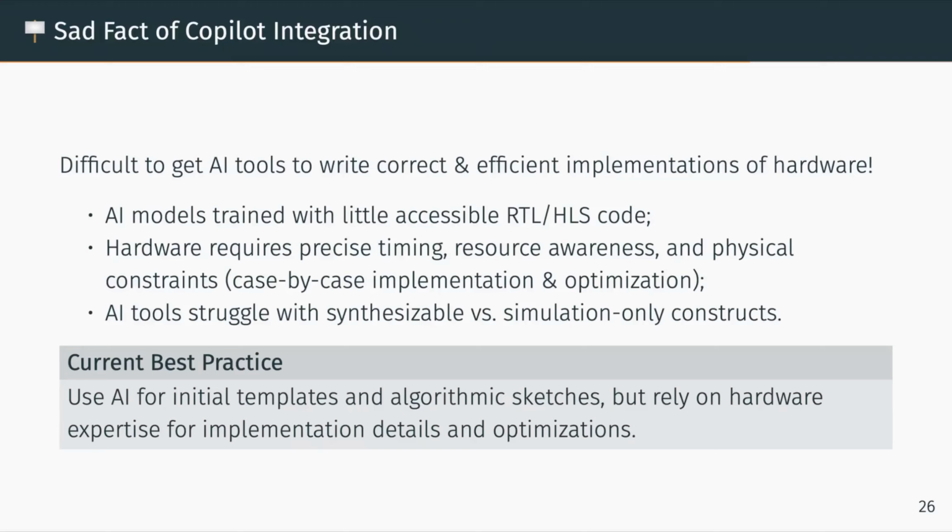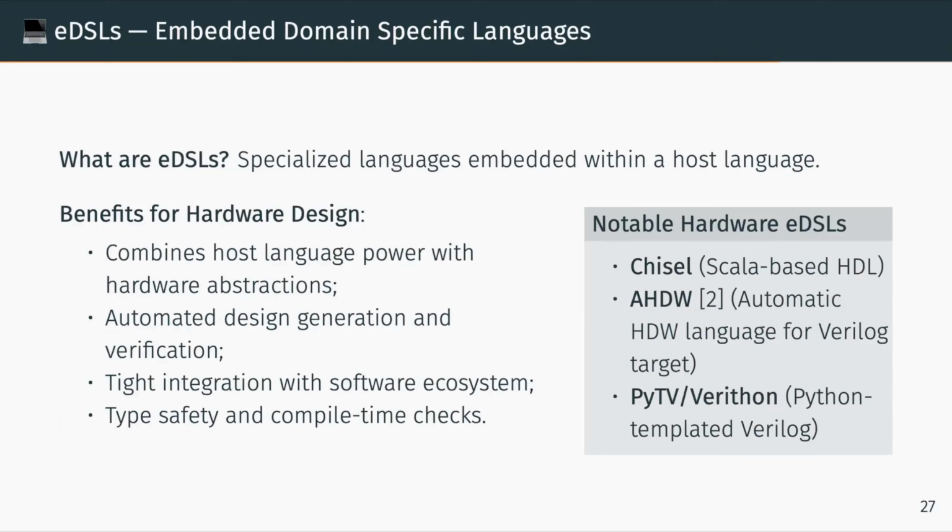They just do prompt engineering to try to make the AI tools write better hardware code. But there may be more systematic ways to do this, and you may do this.